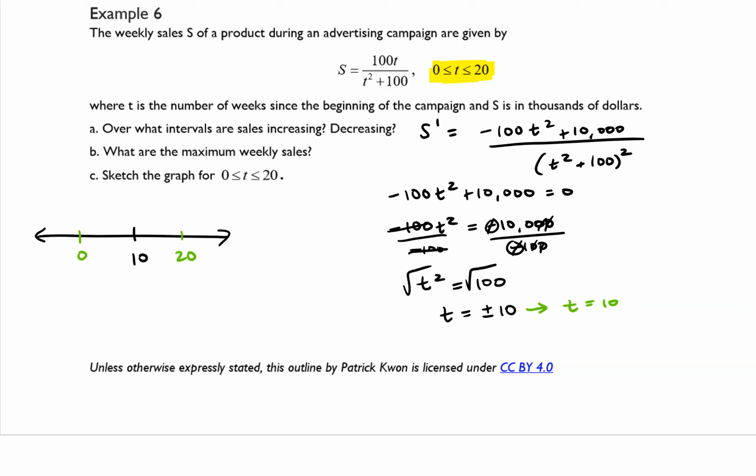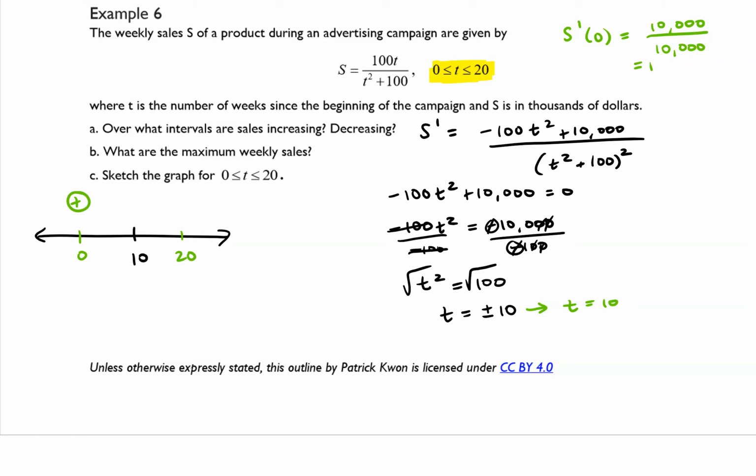If I plug 0 into my derivative function, S prime of 0 is going to equal 10,000 over 100 squared, which is also 10,000. So that's going to equal 1, which is positive.